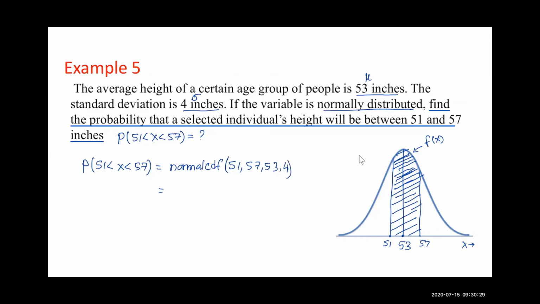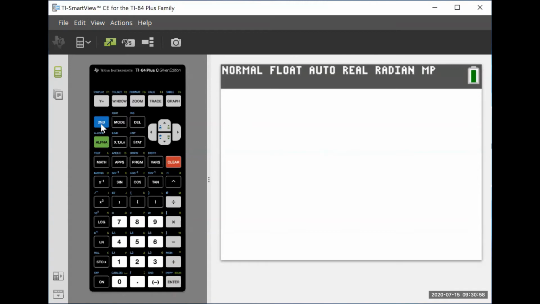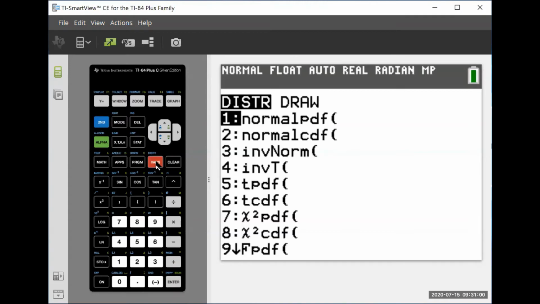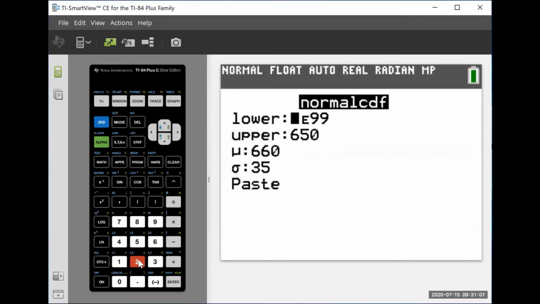So we need to type this in the TI-84 calculator to get the value of the probability. Now in the calculator, we press second and then vars, and we go to number 2 for normal cumulative distribution function. Lower limit in our case is 51. Upper limit is 57.